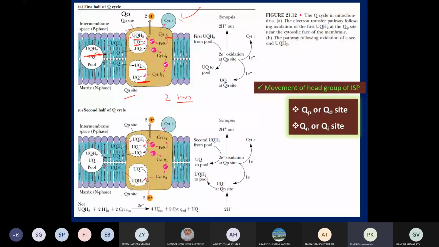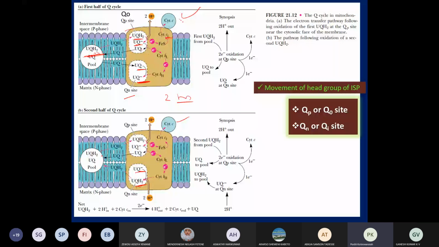The same process takes place: one electron is transferred to cytochrome C, and one more electron is transferred to cytochrome Bl and Bh. As a result, the semiquinone formed in the first step is reduced to ubiquinol by the other electron.